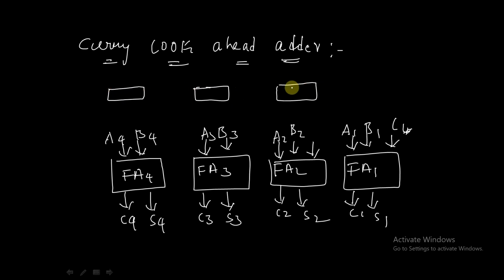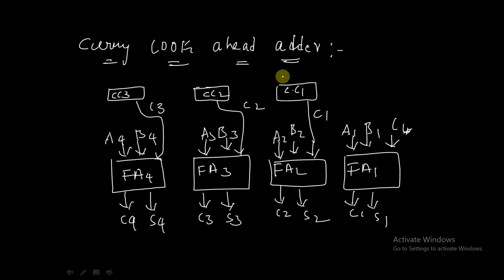So these are my 3 combinational circuits: CC1, CC2, CC3. These are the 3 combinational circuits from which the carry will be generated. Here C1 will be generated, C2 will be generated, and C3 will be generated.